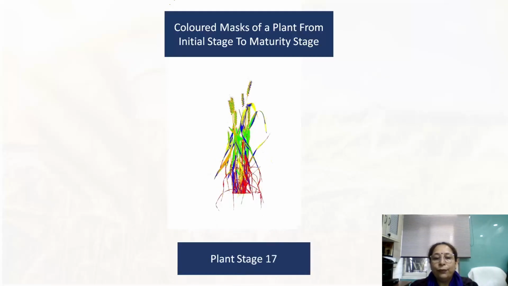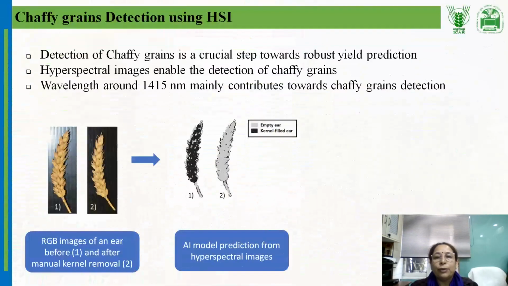So you can easily view the different plant stages, and at the same time the complete plant area and areas in different senescence classes were also calculated with the help of this software, and we can download all this information into an Excel file also.